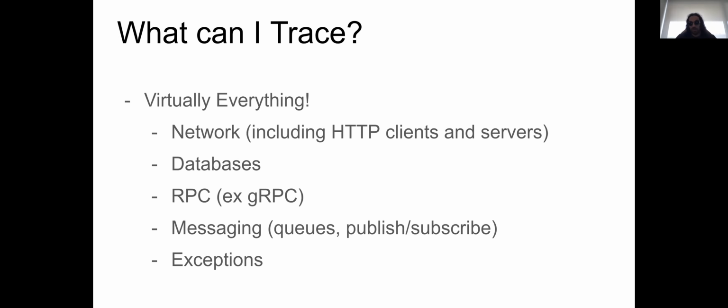So there are a bunch of things that you can already trace automatically. And for the things that you cannot trace automatically, you can just access the current trace and trace them yourself. But again, the expectation is that you should not be required to do that work.